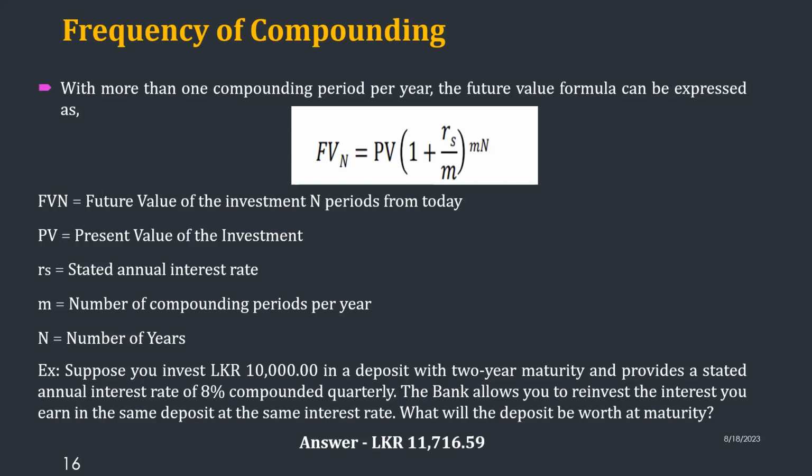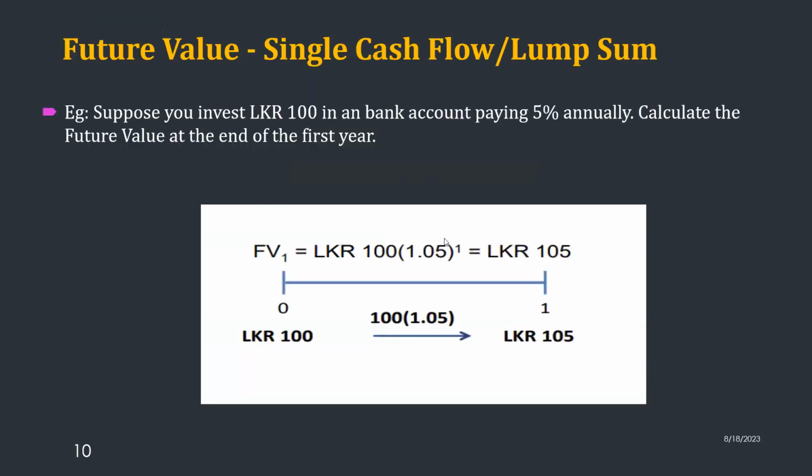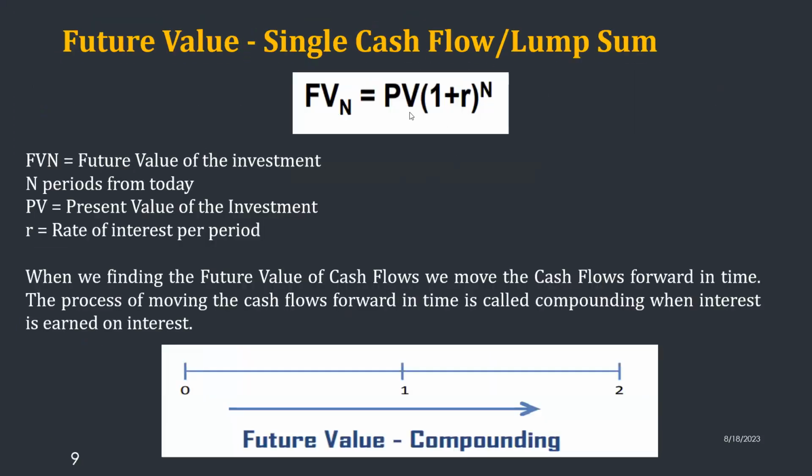So, what do we mean by the frequency of compounding? With more than one compounding period per year, the future value formula is varied from the future value formula we took previously in the first scenario.